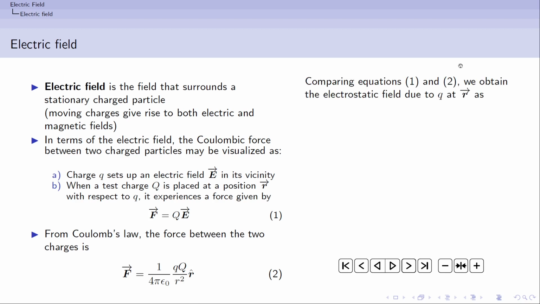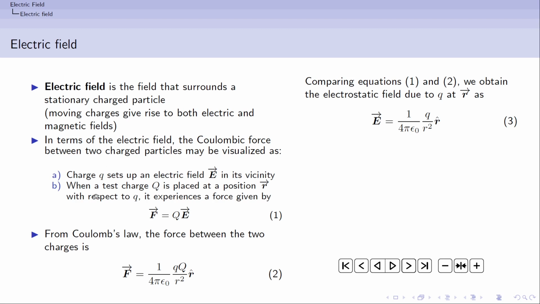If you compare these two equations, the test charge gets cancelled out, which is good news for us, because the electric field should depend only on the charge which sets up the electric field. It should not depend on the test charge. Because the test charge has got cancelled out, it reassures us that we are on the right track. So this gives us the electric field due to this charge Q.